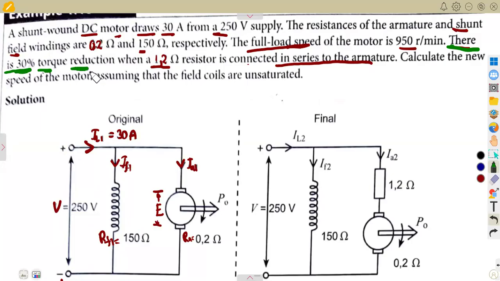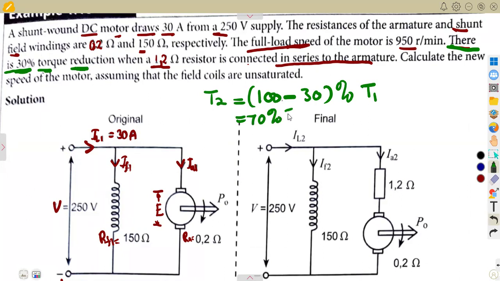There's a reduction. So our T2 is going to be 100% minus, because there's a reduction of 30%, you subtract. So that is 100 minus 30% of what? Of T1. So 100 minus 30 is going to give you 70%. That's 70% of T1, meaning as a decimal, 0.7 of T1.